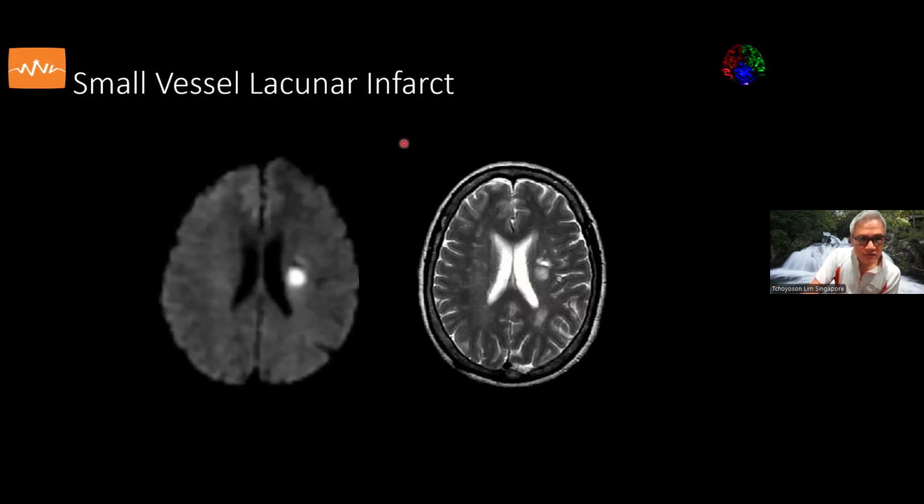Here's an example of a small vessel lacunar infarct, which on the DWI has high signal intensity, and on the T2, it is less high signal intensity, but it is concordant with the DWI.